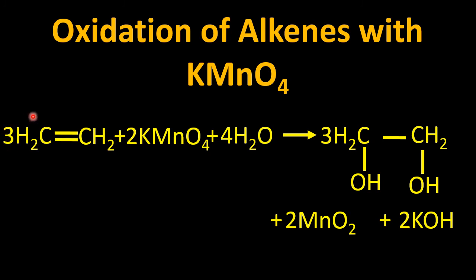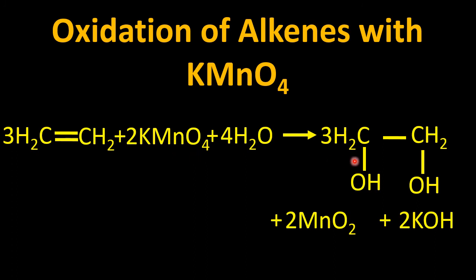So 3 2s are 6. 6 plus 6, 12. Now we have hydrogen in water as well. So 4 2s are 8. Now 8 plus 12, 20. So we have 20 hydrogen atoms in the reactants.